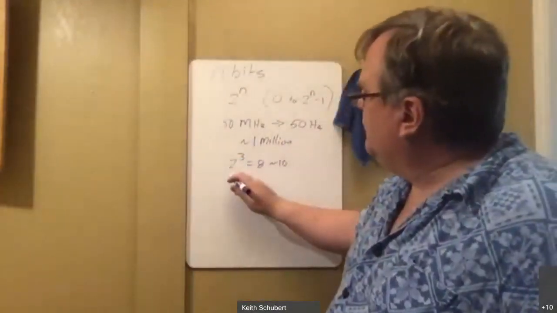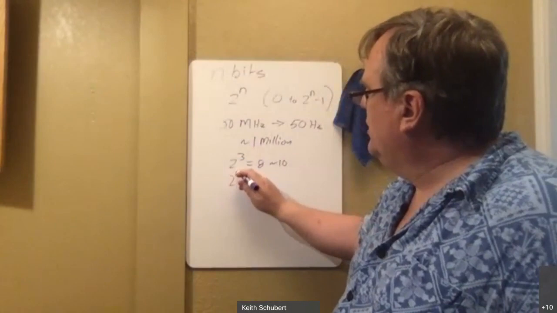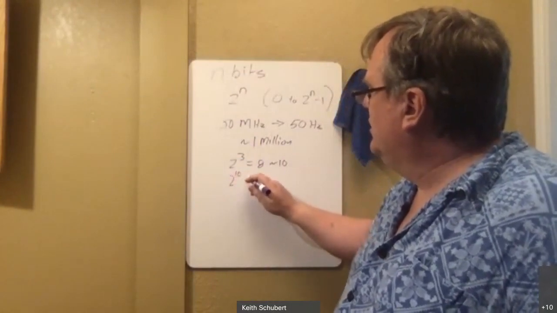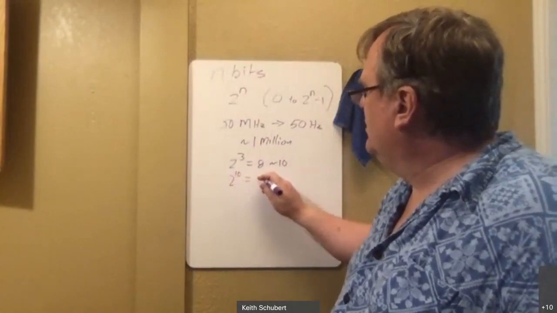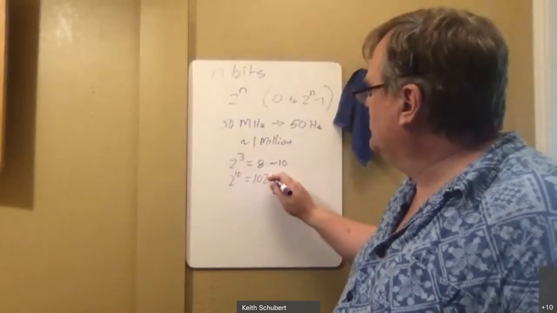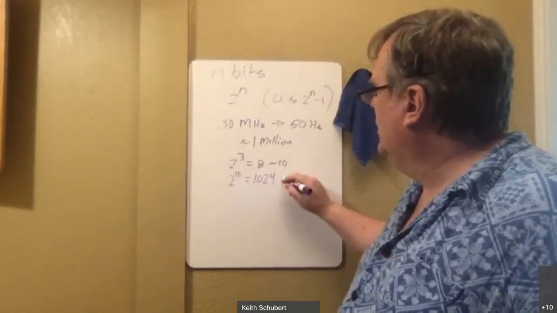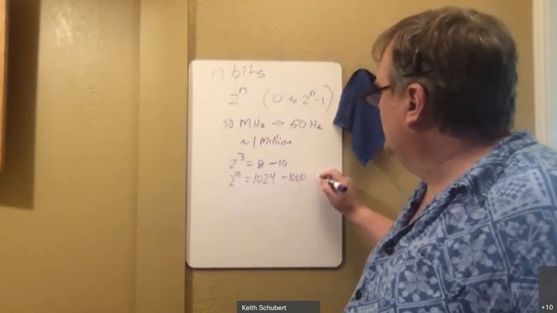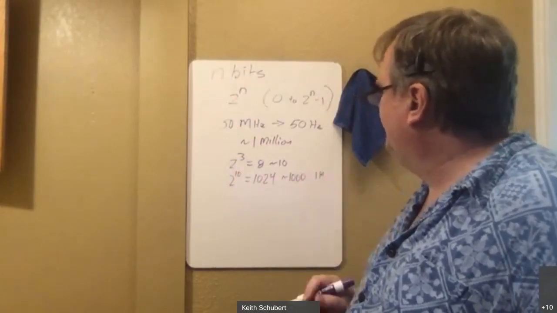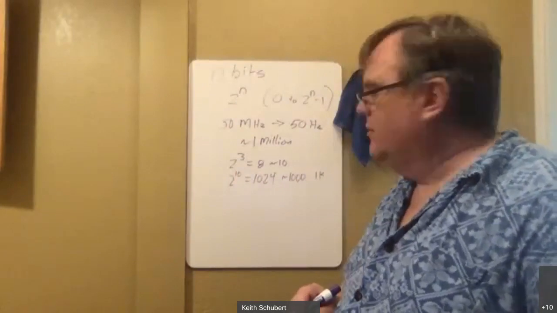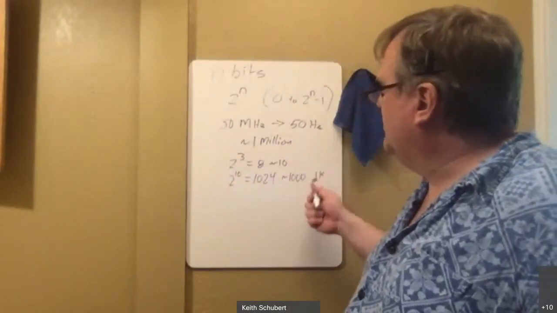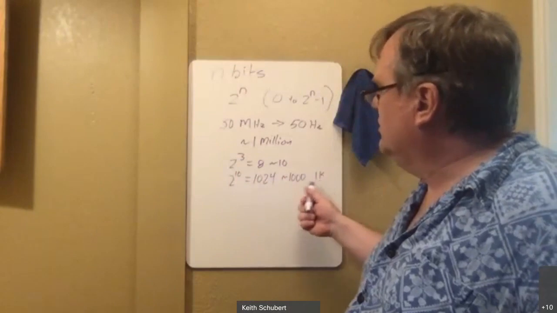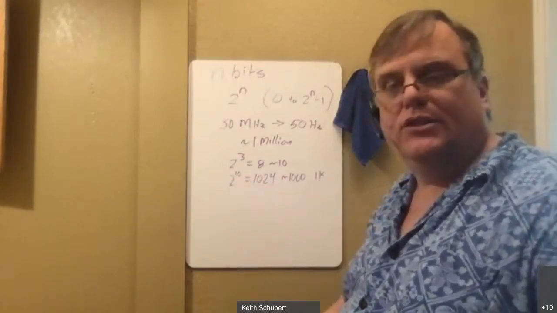And if we go up to 2 to the 10th, 2 to the 10th is equal to 1024, which is pretty close to 1,000. So this is what we call 1K.